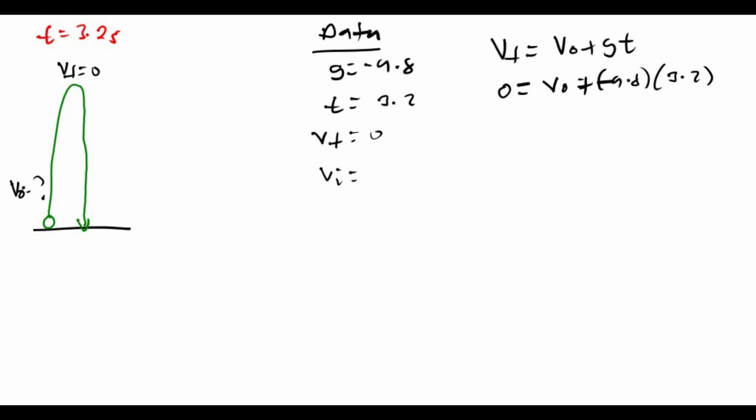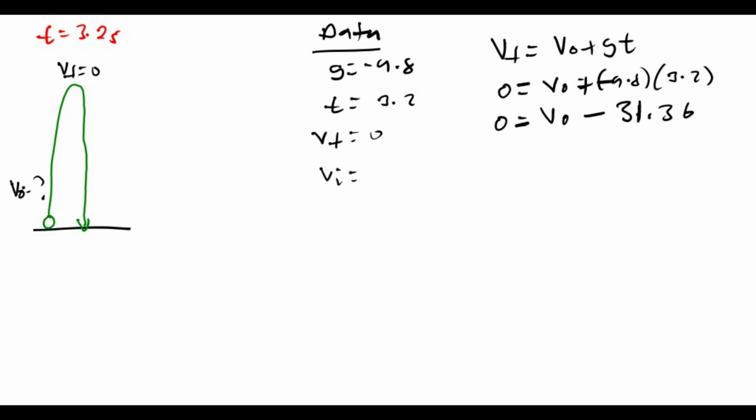So I'll say 0 is equal to V initial, and this is going to be minus 9.8 times 3.2, which is 31.36. Shift 31.36 to the other side.